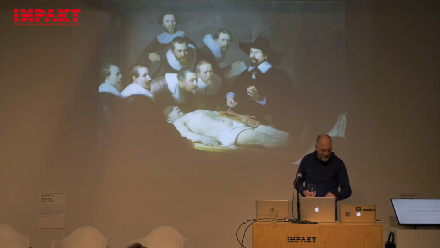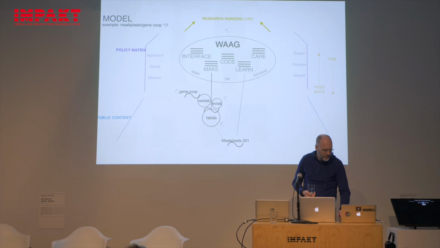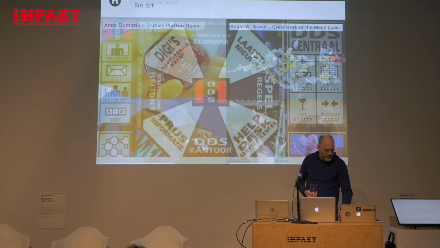We have this place, a very early place where arts and sciences came together. This is a painting of Rembrandt, who is depicting the anatomical lesson of Dr. Tulp. I'm going to go very quickly through this because it's not that important.